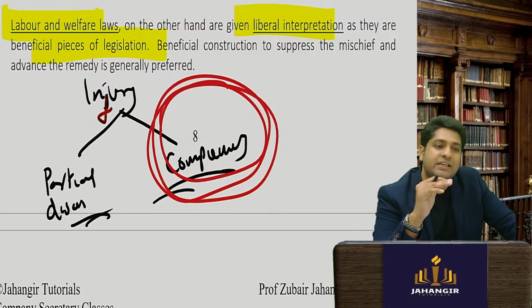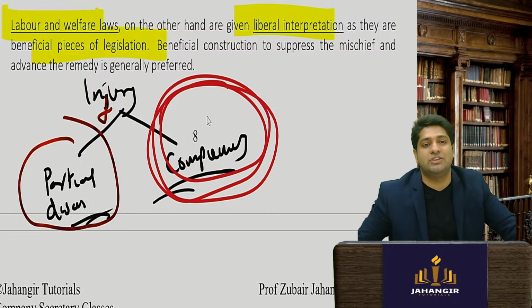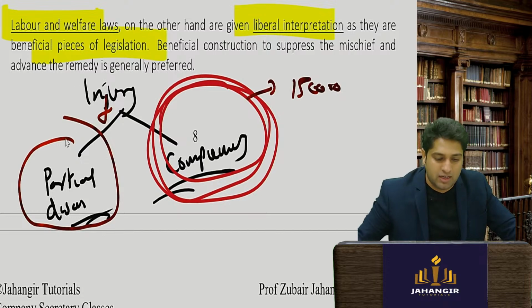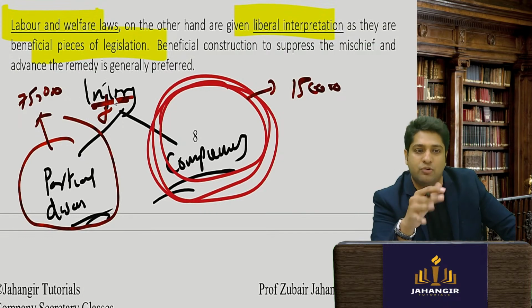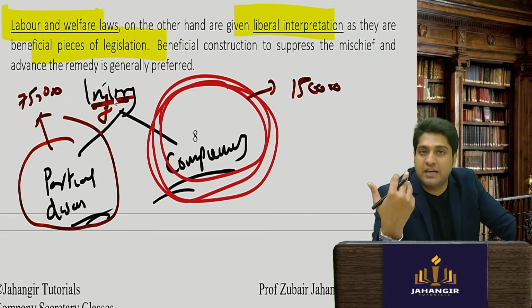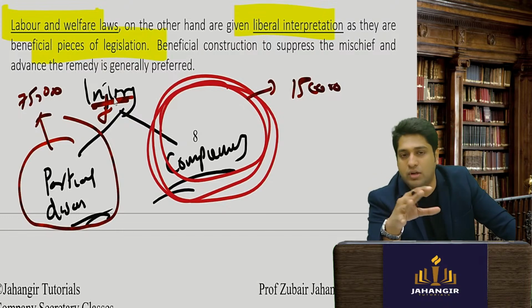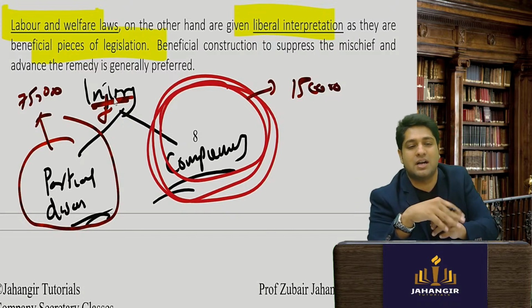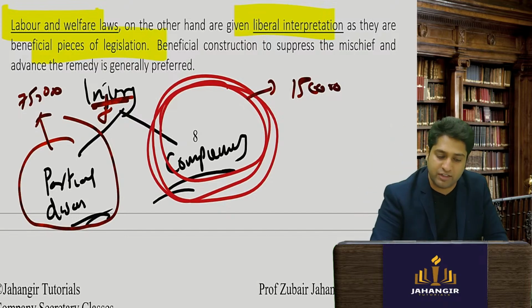Now we are wondering whether it is a partial injury or a complete injury. For a complete injury the law gives 1,50,000 compensation, and for a partial one we are only giving 75,000. So when we have to interpret it, we will try to interpret it in a way that he gets more compensation. So we will say, okay, fine, his thumb is cut, his hand is not cut, but still we will treat it as a complete injury and give him 1,50,000 rupees.